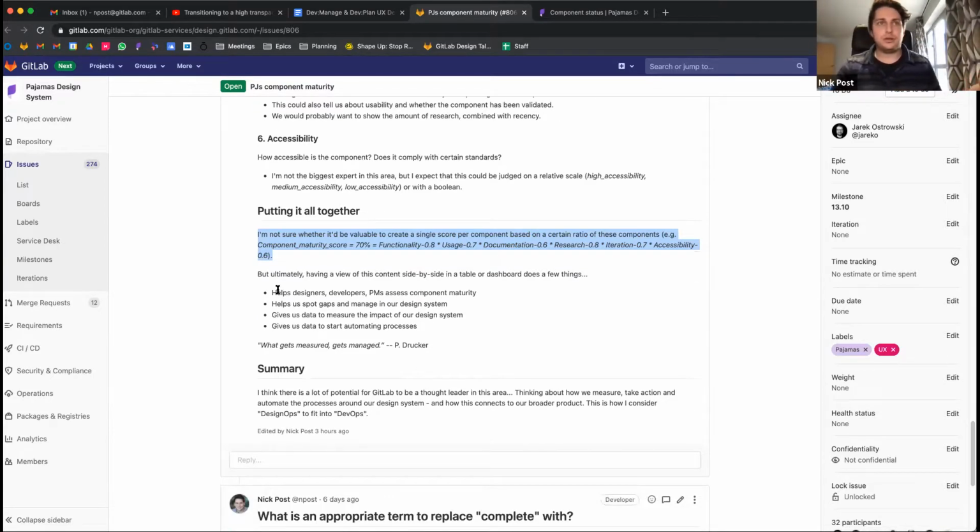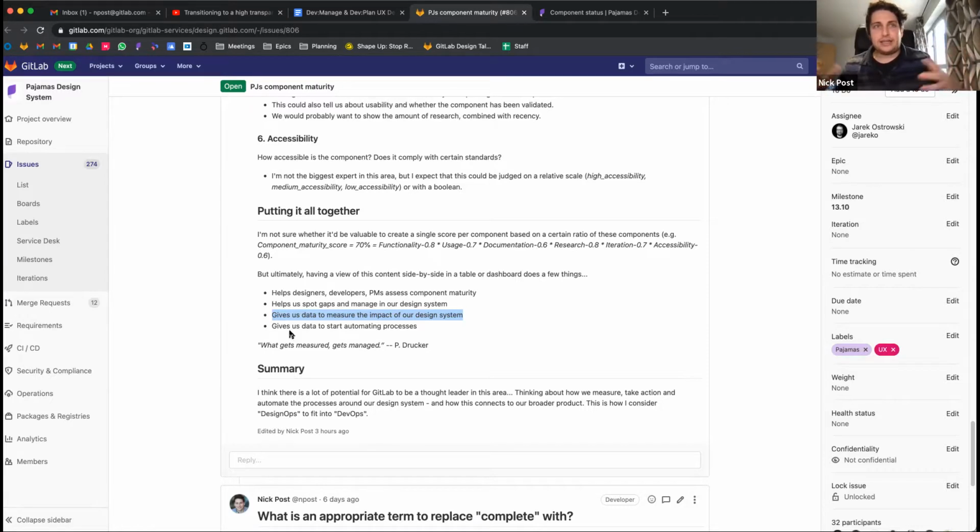So for example, the use of this would be helping people understand whether they should be using components, helping to spot gaps in when and where components are used, or where we could contribute ourselves, giving us more data to measure the impact of our contributions on the design system, and also giving us more data to start automating some of these processes, and thinking about how a change in the product or a change in Pajamas interact and correspond to each other.